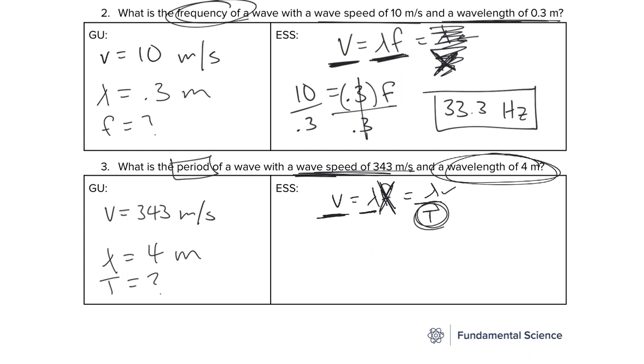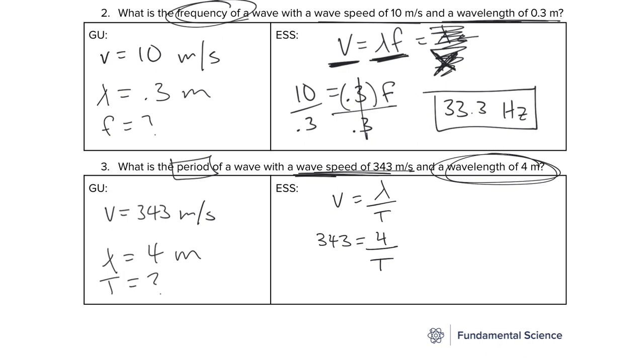I'm going to erase this so I can rewrite it, but we're going to do v equals lambda divided by t. Velocity equals lambda divided by period. And then we're going to plug stuff into that. The velocity is 343. That equals lambda, which is 4, divided by t, which is the period.